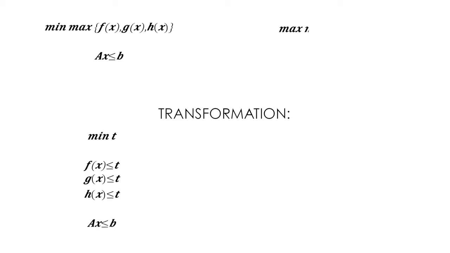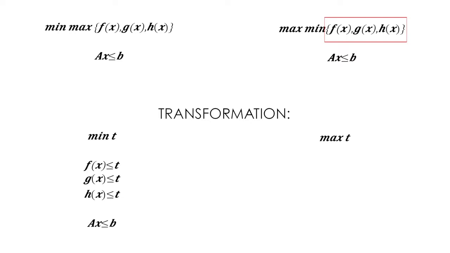For the maximin problem, we want to maximize the minimum of the three functions f of x, g of x, and h of x, and your normal constraint Ax is less than or equal to b. Again, we introduce a new variable t, and we want to maximize t. And t will be the minimum of the three equations.